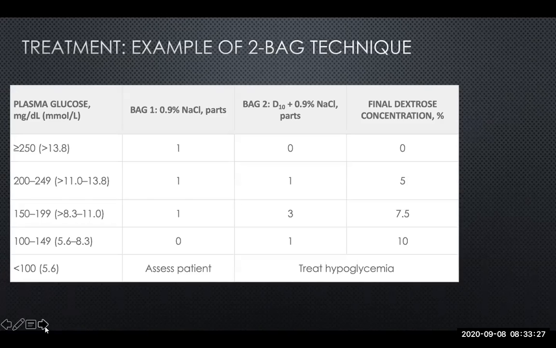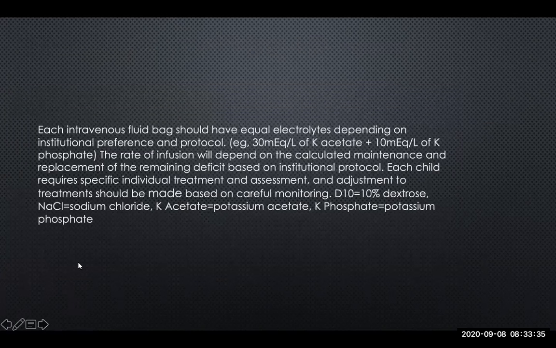So this here is the part of the treatment. It's like the two-bag technique. Before this, we are going to add the electrolytes to the two bags. This is going to depend on the institution, the hospital and the protocol, and on the patient, what we find in the labs: the sodium chloride, the potassium acetate, or the potassium phosphate.